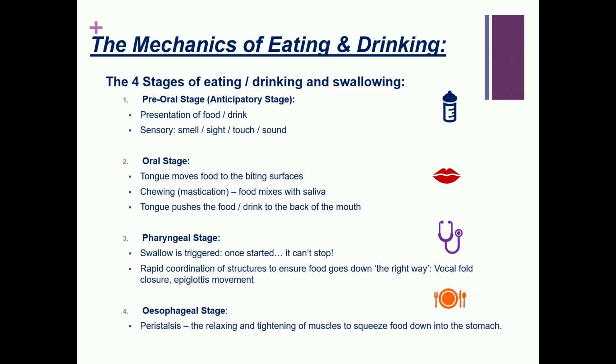And what's really important to remember at this stage is that in the throat, in order to protect the airway, the vocal folds, which are in your voice box, literally at the sort of Adam's apple area of your neck, slam shut to ensure that food and drink should not go down into the airway.